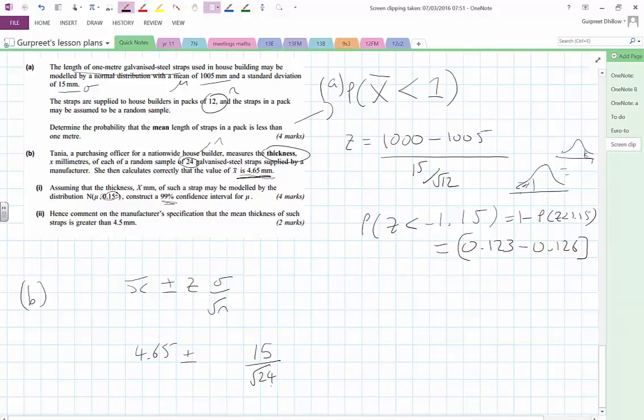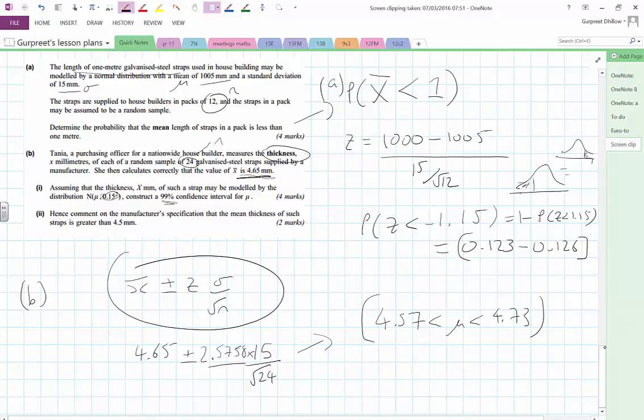Obviously you've got to look this up in your formula booklet. For 99% you look up 99.5 and you should get 2.5758, and obviously there's marks for this correct number here. You do all that and the mark scheme accepts an interval between 4.57 and 4.73.